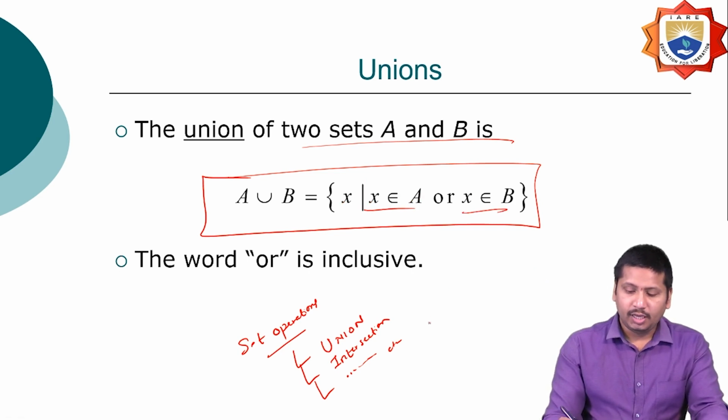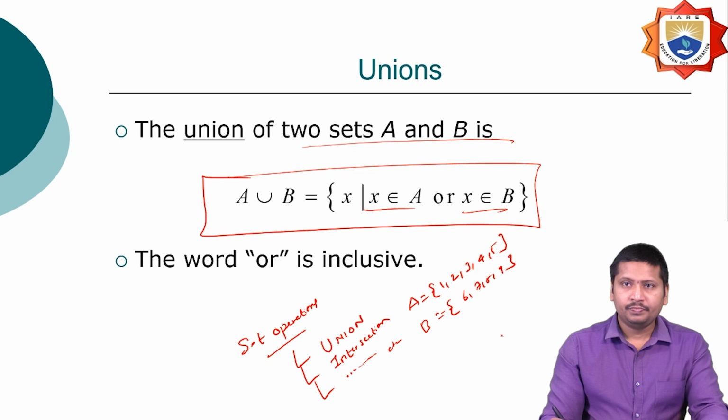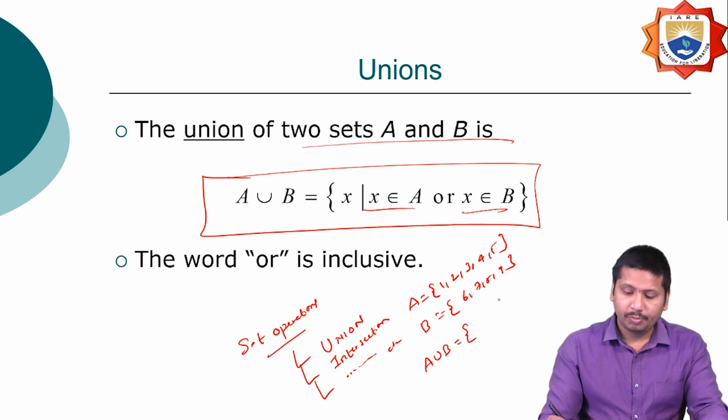That means the elements in set A and in set B are all included. Let's take an example. A is equal to 1, 2, 3, 4, 5. B is equal to 6, 7, 8, 9. So how can I write A union B?